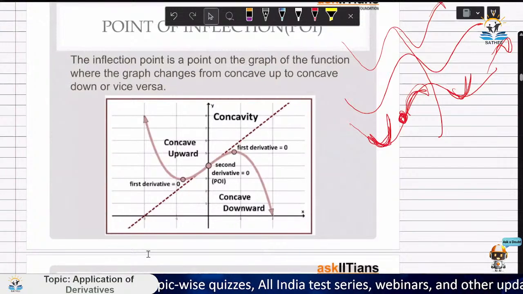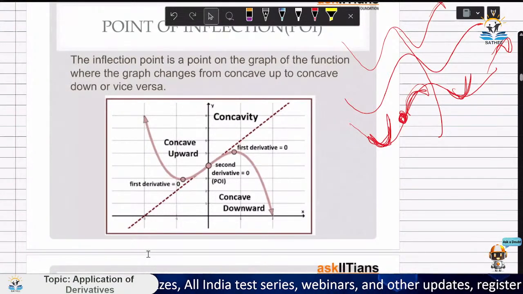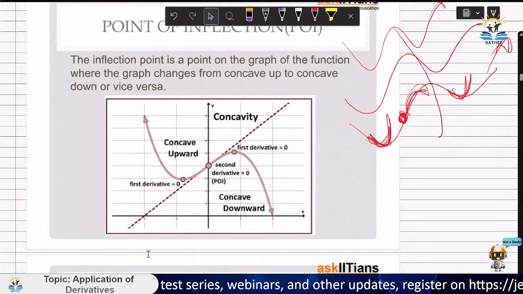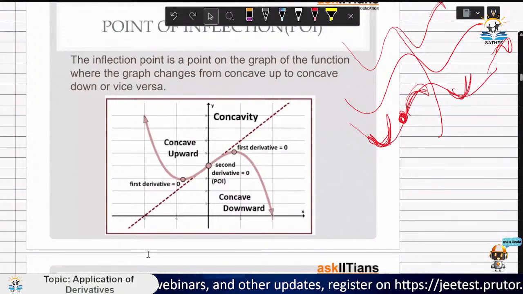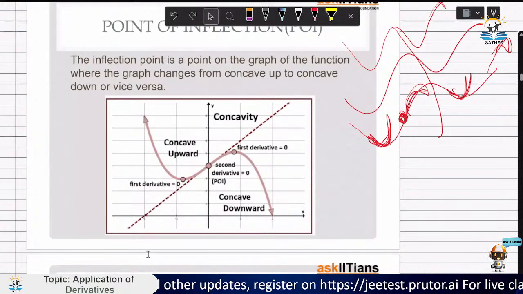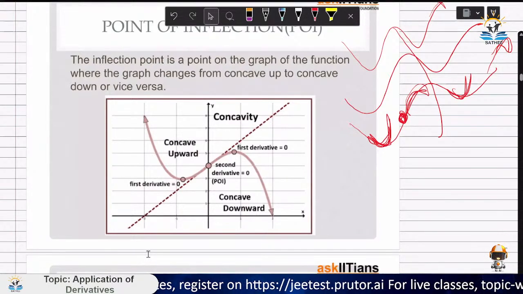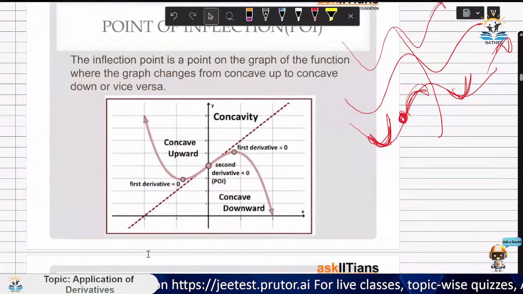If we take e to the power x equal to t, then t to the power 4 plus t cube plus 4t square plus t plus 1 is equal to 0. Then if we divide it by t square, what are we left with? t square plus t plus 4 plus 1 by t plus 1 by t square is equal to 0.